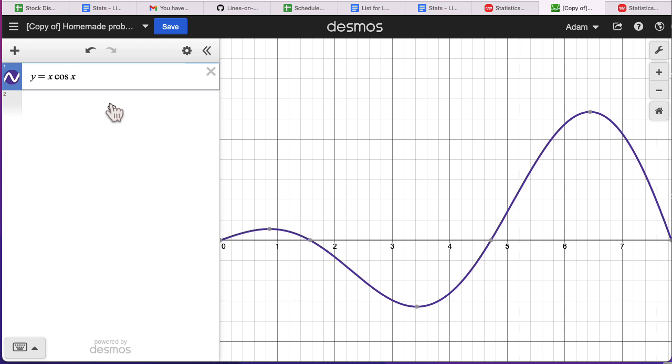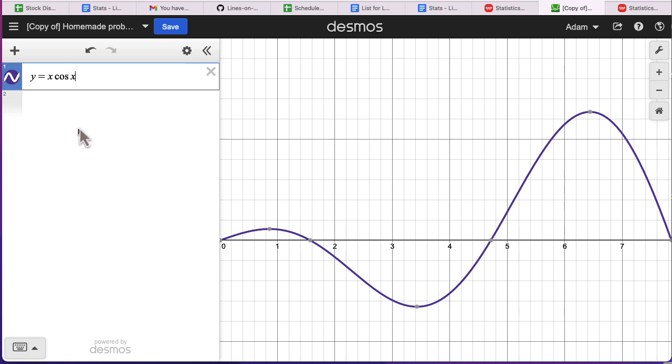But the other thing we can do is just say that our random variable x cannot take values between pi over 2 and 3 pi over 2. Now, what that means is that we don't have to worry about negativity at all. Our function is positive over this region, and it's also positive over this region here. The only thing that we have to do is ensure that the area under both curves is equal to 1.